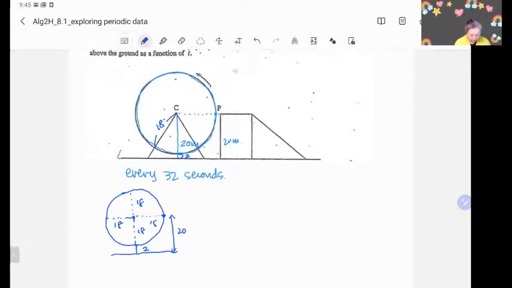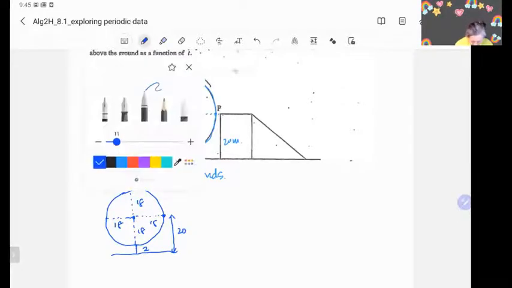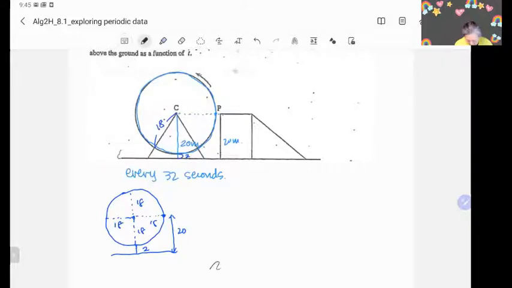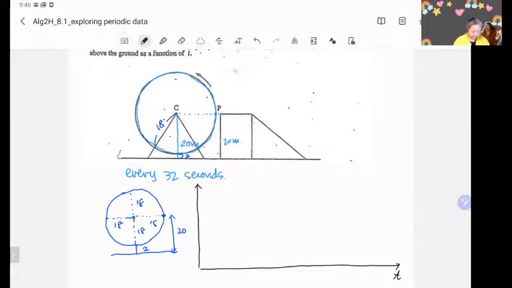Okay, then this is a starting point, and it's going to be on the graph. If we draw the graph, the horizontal axis will indicate the time, and the vertical axis will indicate the height, right?